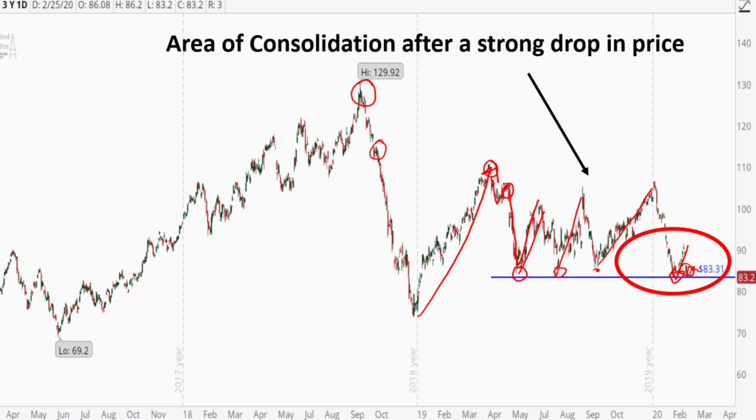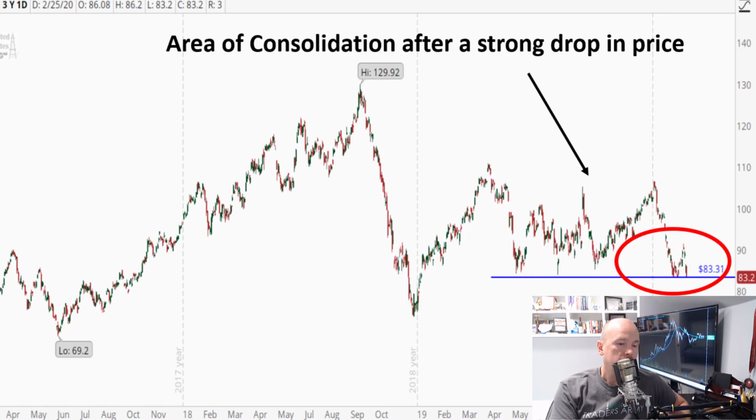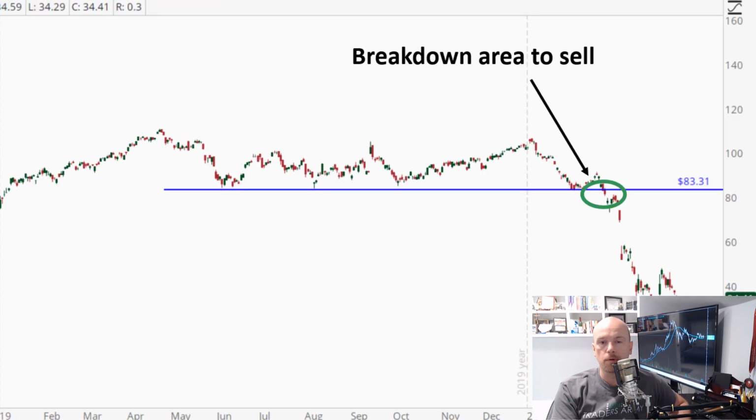And by being unable to break out to new highs, that told me that, yes, there were buy orders in here, but there weren't enough buy orders to have the fortitude to drive it through some of those swing highs. And the breakout setup took that thing from 83 all the way down to $16 a share. It was a huge breakout trade as price came hammering down from that particular level.